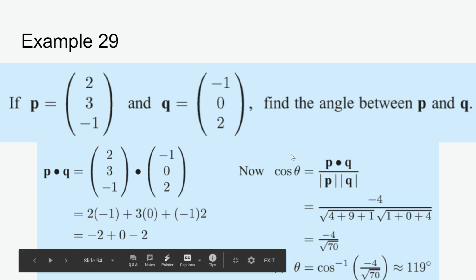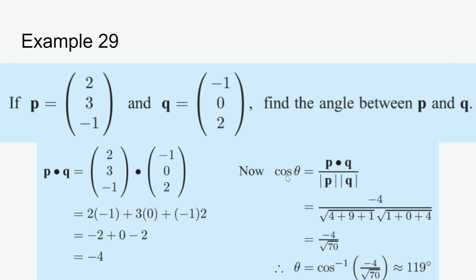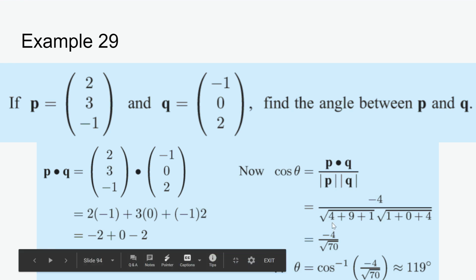And then I can use the angle between vectors formula to say that the cosine of that angle is equal to vector P dot vector Q, which we already found is -4, divided by the product of the magnitudes, which is going to be the square root of 2 squared plus 3 squared plus 1 squared, times the square root of 1 squared plus 0 squared plus 2 squared. That gives me -4 over root 70.